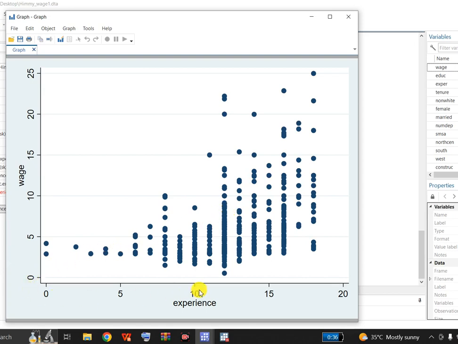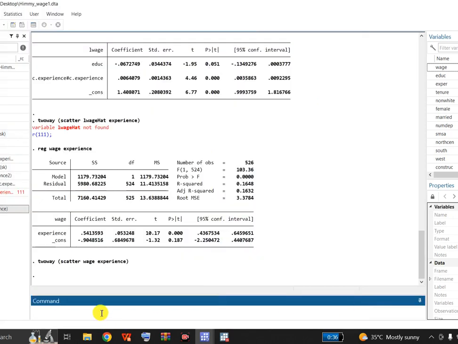After this, let me also check the histogram of wage, and the histogram of wage with the normal distribution.